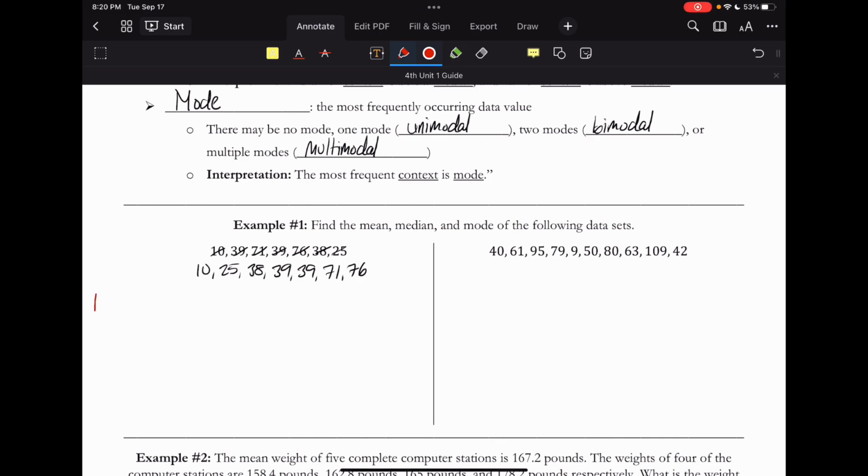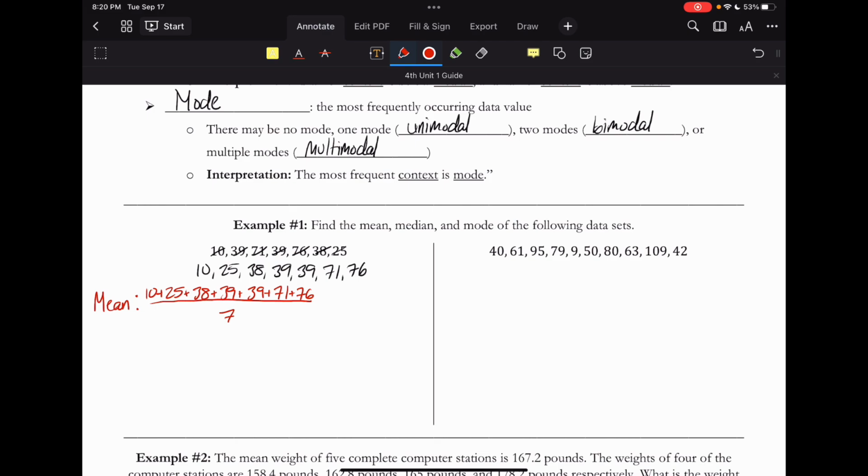So to find the mean of these data points, I'm going to add up all of these values: 10 plus 25 plus 38 plus 39 plus 39 plus 71 plus 76. And I'm going to divide that by my number of data points. There are 7 here.